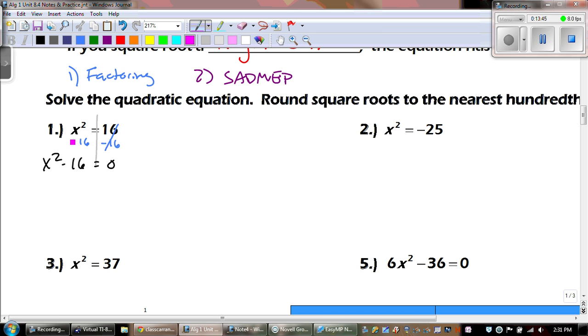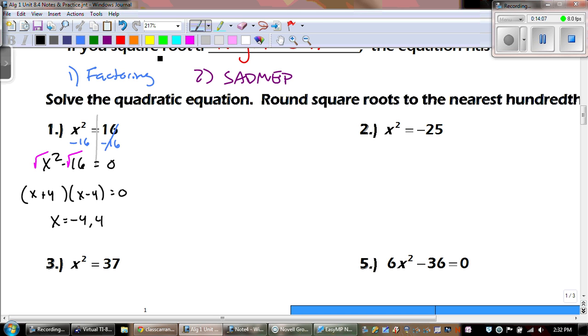Quadratic binomials means that I can take the square root of both of those and get x plus 4 and x minus 4. And now that I can do that, I end up getting that my answer is x minus 4 and x plus 4. Woohoo! I got my answer.